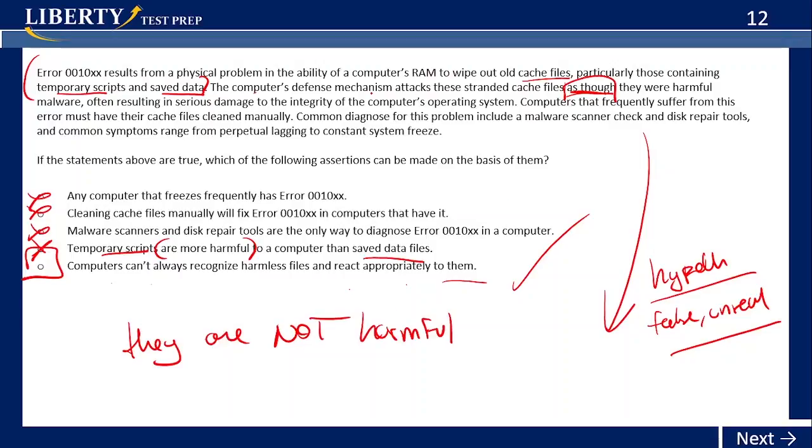But the mechanism reacts as though they were harmful. You see? So the problem is that the computer gets confused and believes that these files are harmful. So computers can always recognize harmless files. Yes, that's true. And react properly. And they don't react properly, right? Because they are attacking these files as though they were harmful. So letter E here, based on this keyword for something that is hypothetical, "as though." Okay, so that's the way you answer these inferences.